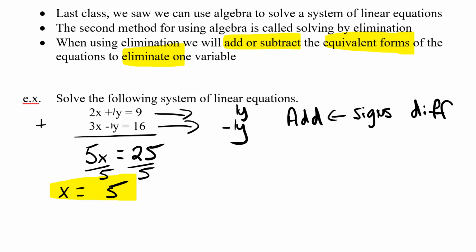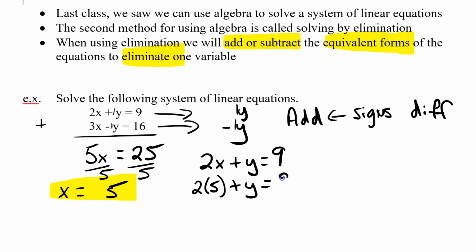I now need to figure out what my y is going to be. So I can choose either equation, it doesn't really matter. I'll choose the first one, and I would get 2x plus y equals 9. I'm going to change all my x's to 5. So this is multiplication, so it's 2 times 5 plus y equals 9.